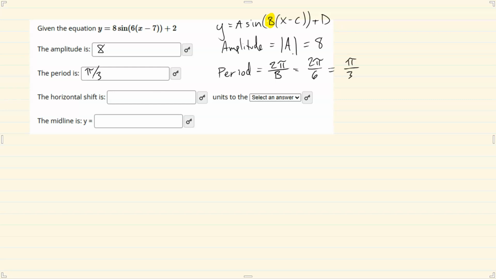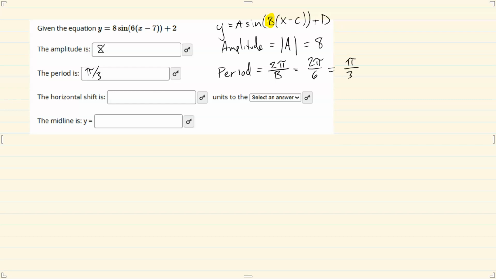Now the horizontal shift. This is a horizontal shift based on the standard sine function, and it is based on what is being added or subtracted next to the x. That would be that c term.